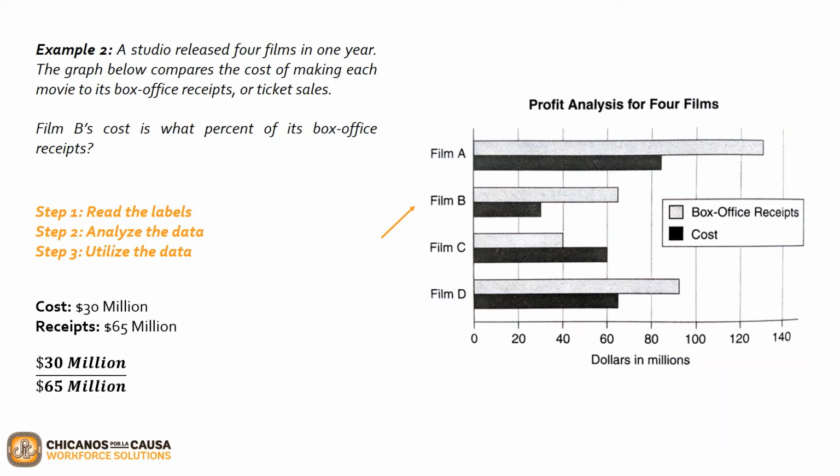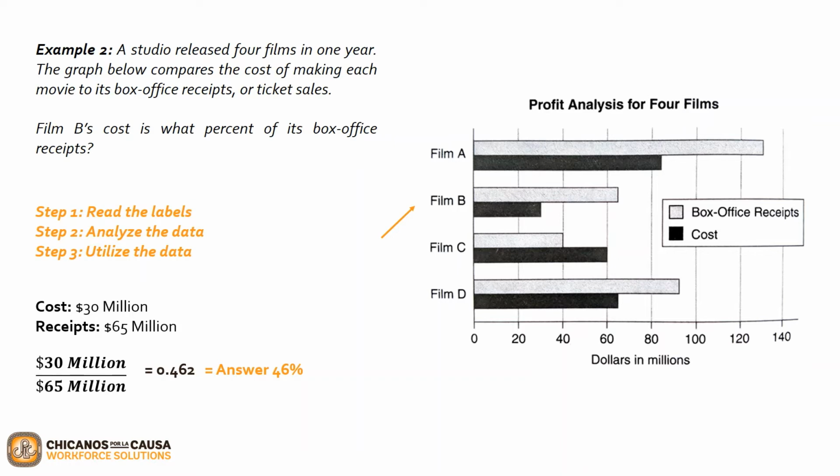It's one way across, but we're going to do this by doing a division problem as it is the easiest. So if we divide 30 million by 65 million, that gives us about 0.462. If we want to turn that into a percentage, that gives us a final percentage of 46%.